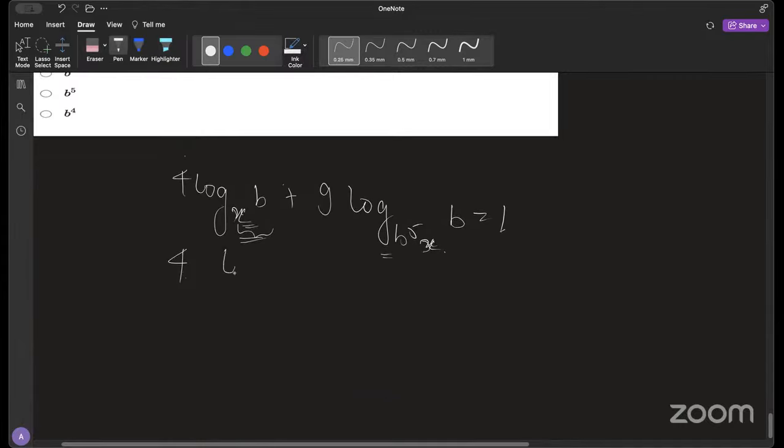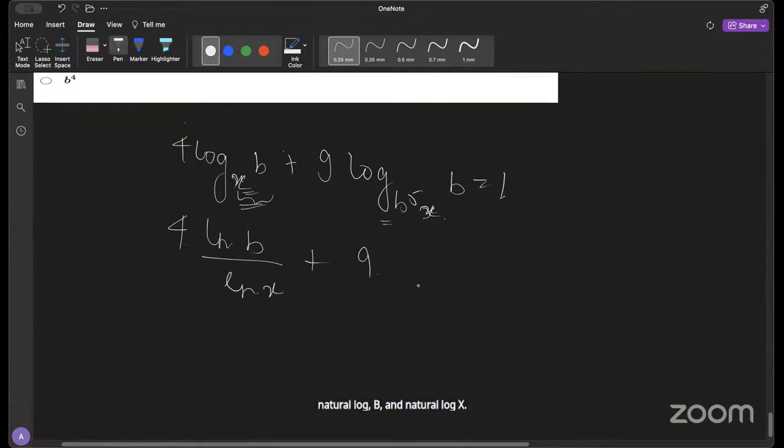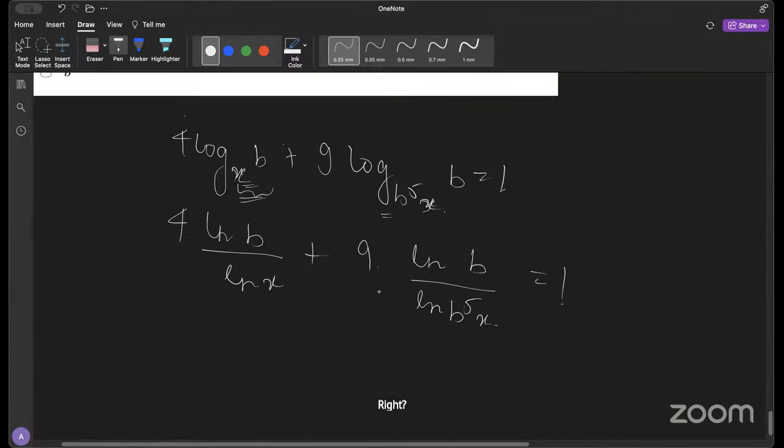Let's take natural log then. Natural log b and natural log x, that's 9. And this is natural log b by natural log of 5, right? This is given to be 1.